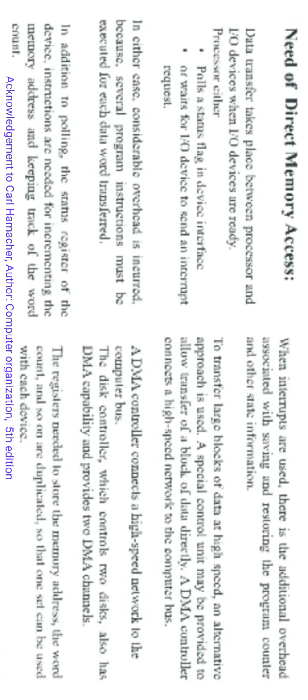Then it gives complete control over the system bus to the DMA controller. The DMA controller transfers the whole huge block of data between main memory and external devices. When it completes, it informs the processor that the data transfer is completed. Then the processor takes back control over the system bus and resumes its operation.